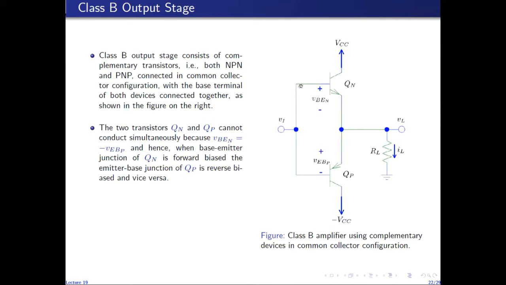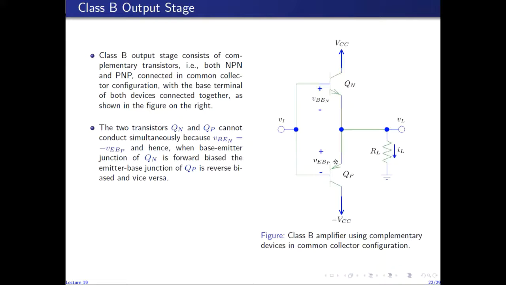So if the base to emitter voltage of QN is positive, so if QN is forward biased, then the base to emitter voltage of QP is negative, which reverse biases the emitter base junction of QP.